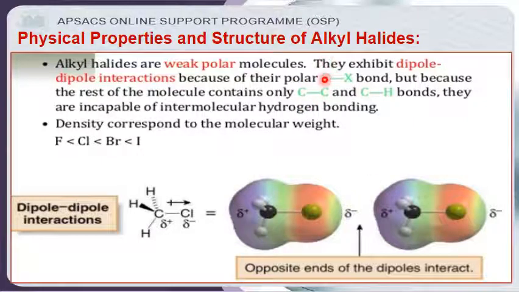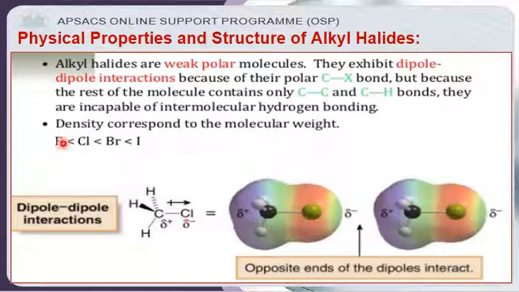The polar character is due to the carbon-halogen bond, but the rest of the molecule contains only carbon-carbon bonds. So the polarity exists between carbon and halogen.